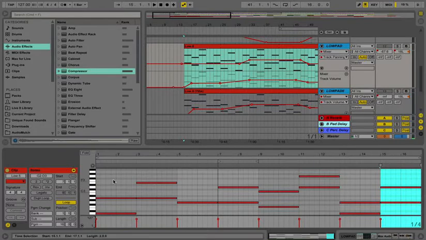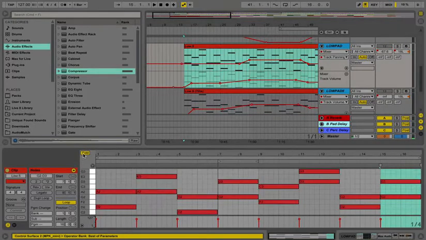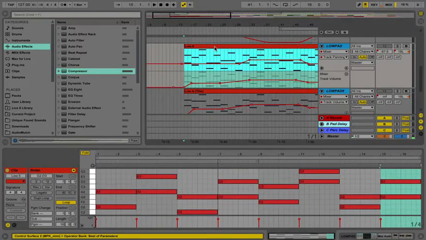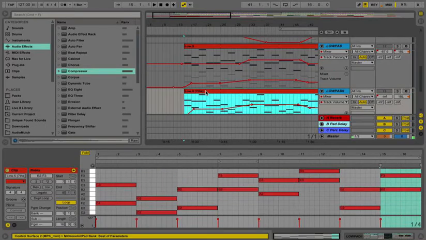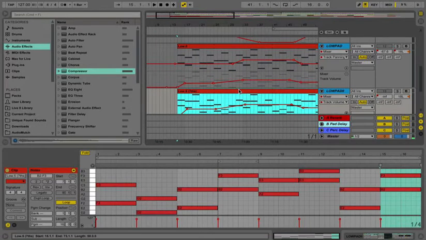Yeah, here. So you can see they're split between the two. If we fold them, just to make it clearer, this one is playing the root and the fifth, and this is playing the third and the seventh. And let's see how that sounds.